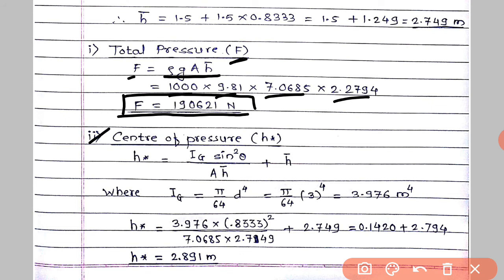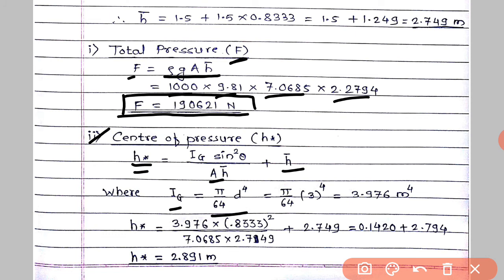So center of pressure S star is given by Ig sin square theta divided by A h bar plus h bar, where Ig for circular shape will be pi by 64 d raised to 4. We have to remember values of Ig for all the different shapes.